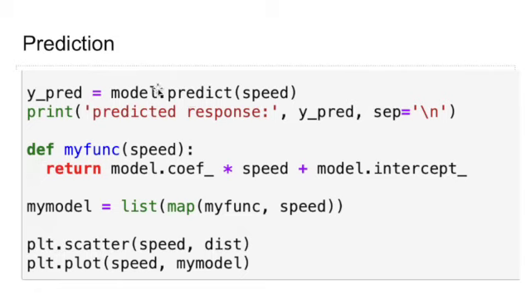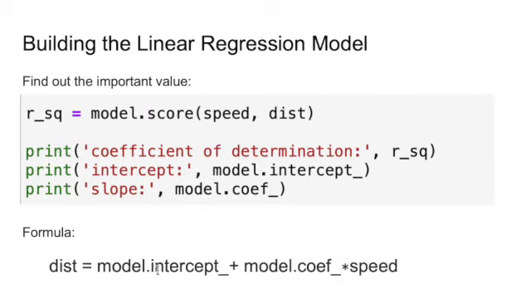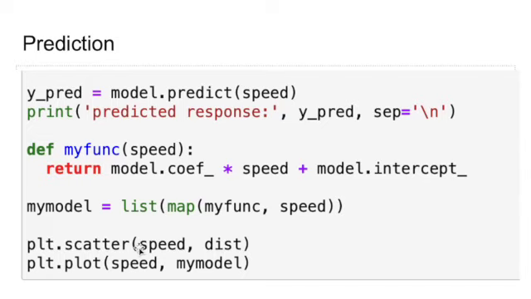And we can also use this model to do the prediction. We put the value of speed into the predict function as a parameter, and it helps us do the prediction. Also, we can define our own function. In our own function, speed is a parameter, and it returns the value from this formula. And then we can build a list of values that contains my function applied to the speed.